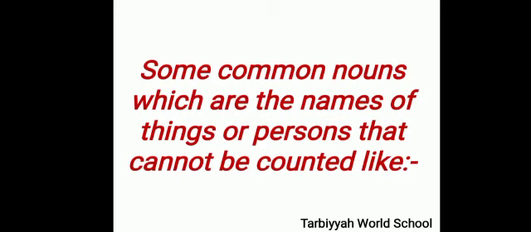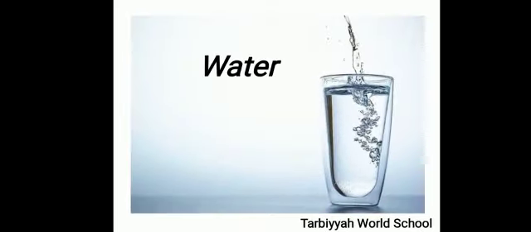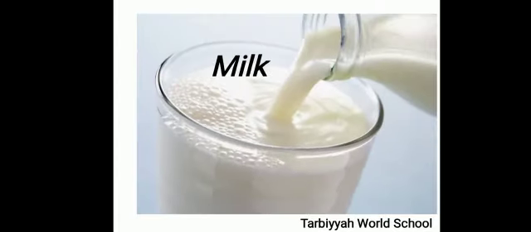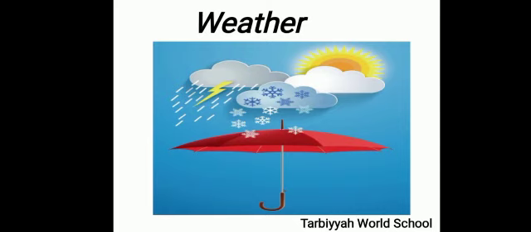Some common nouns are the names of things that cannot be counted. Like, we cannot count the water, we cannot count the milk, and we cannot count the weather.